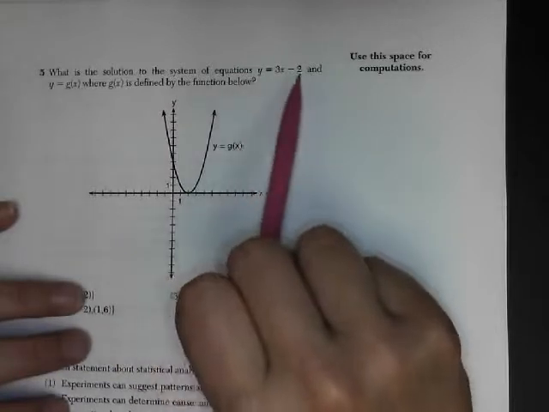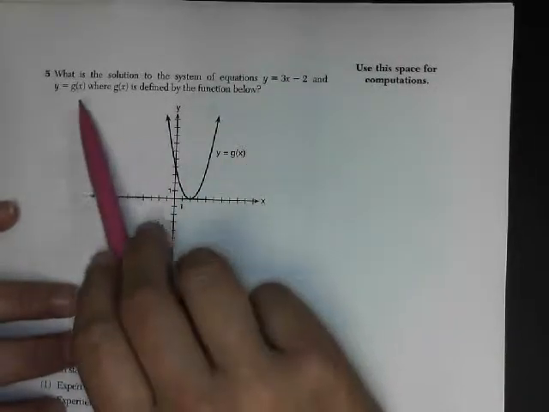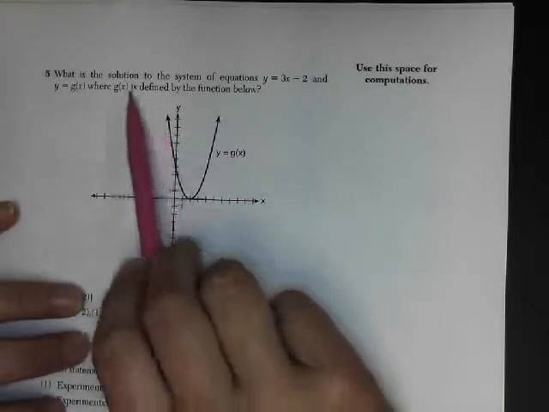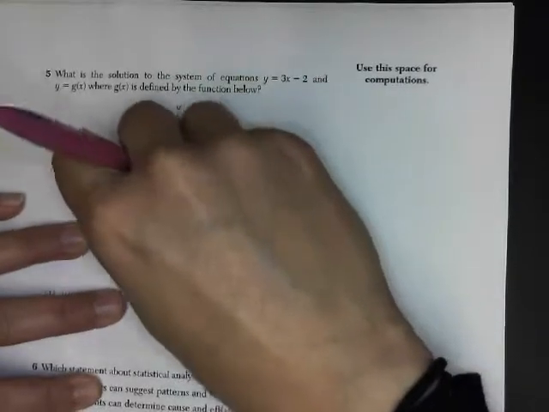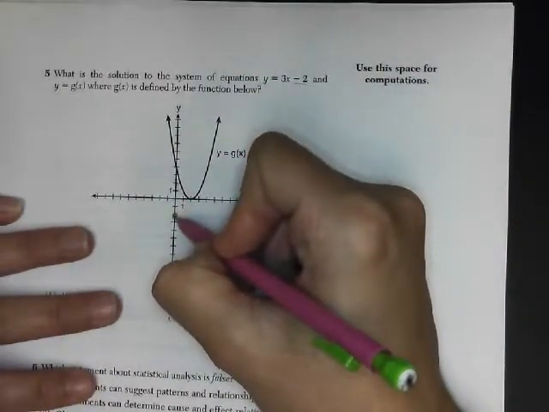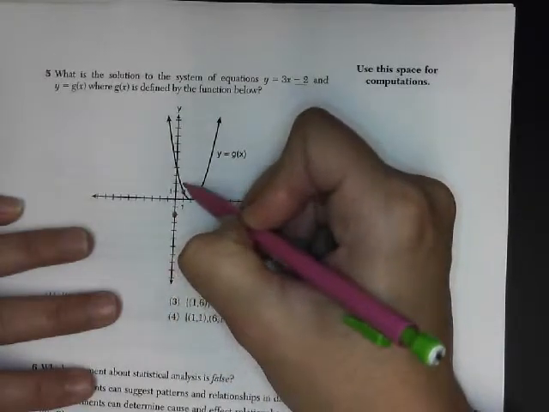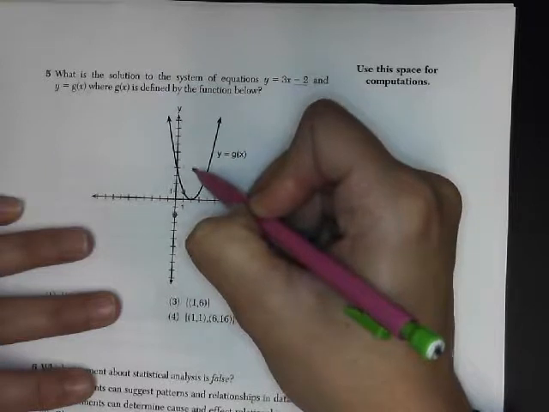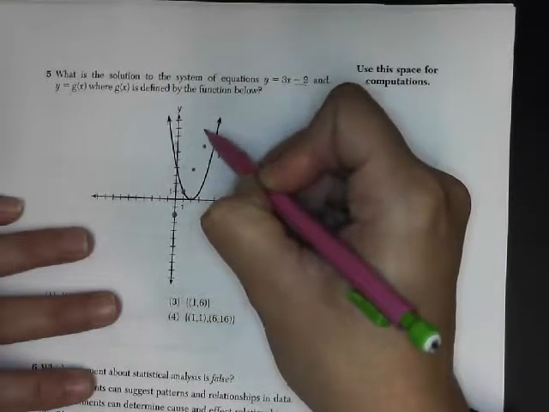What is the solution to the system of equations y equals 3x minus 2, which is a line, we don't see it, and y equals g of x, which we do see? Okay, well 3x minus 2 is y equals mx plus b. The b is negative 2, so our y-intercept is at negative 2. And then we rise 3, run 1. Rise 3, run 1. Rise 3, run 1.